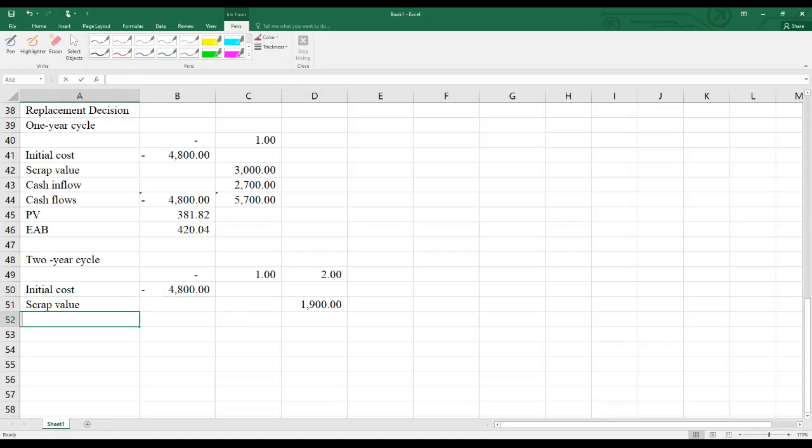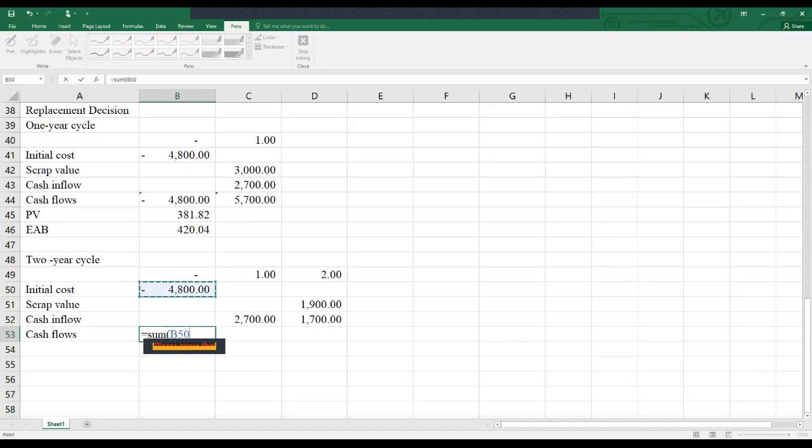However, don't forget there's some cash inflow that you earn in between the years. Year 1, you earn 2,700. Year 2, you earn 1,700. And that is it. Therefore, the sum of cash flows, from year 0 all the way, that is it.